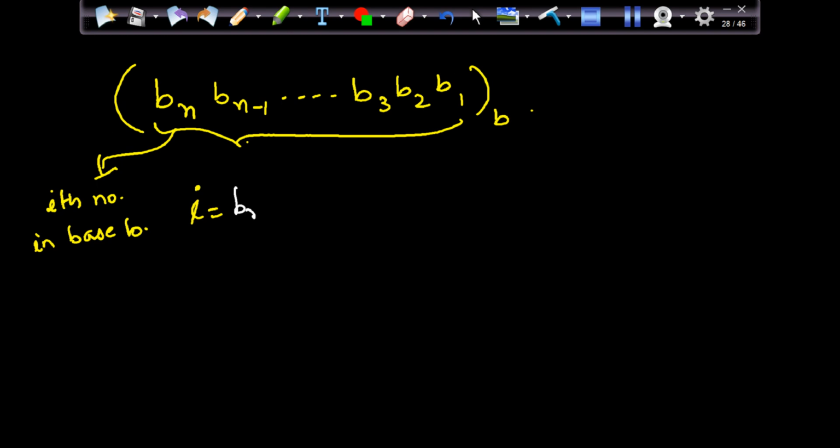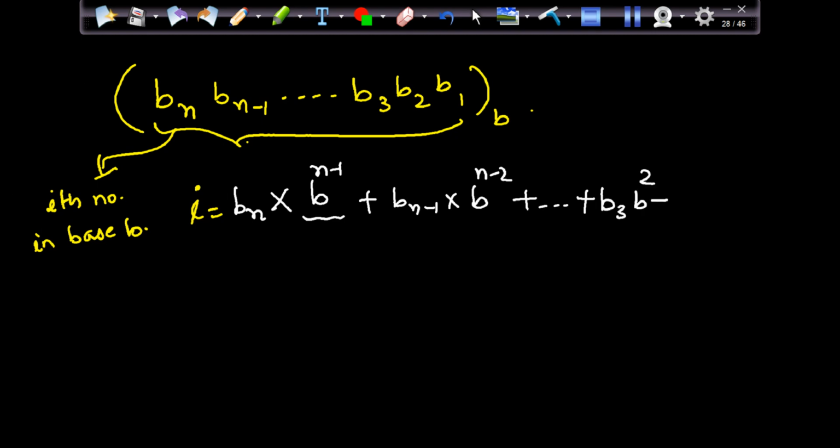That is, b_n, you multiply it with a certain number, which is going to be b to the power n-1. Similarly, b_n-1 into b to the power n-2, plus and so on, b_3 into b square plus b_2 into b plus b_1 into b to the power 0.